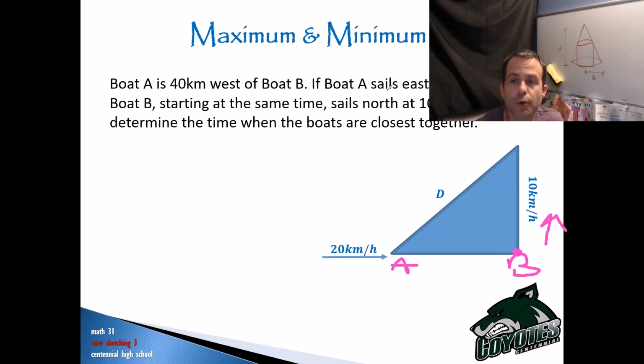Okay, so boat A is going 20 kilometers an hour this way, and boat B is going 10 kilometers an hour that way. So what brings all of this together if we're looking at the distance boat A is traveling and the distance boat B is traveling and the distance that they are apart from each other?